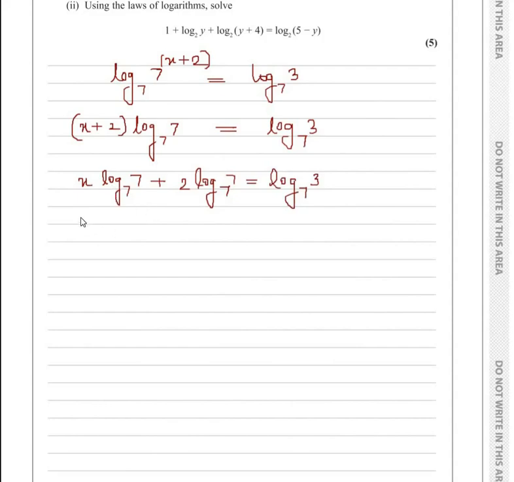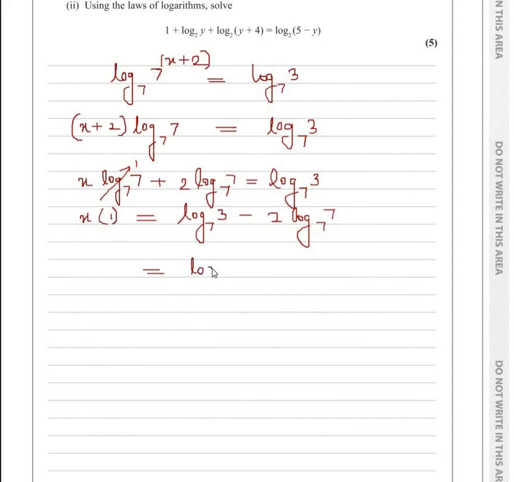Here, log 7 to the base 7 is 1 because the base is the same as the number written here, so it turns out to be 1 always according to the properties of logarithms. Plus 2 log 7 to the base 7, I'm going to take to the other side. So it becomes log 3 to the base 7 minus 2 log 7 to the base 7.